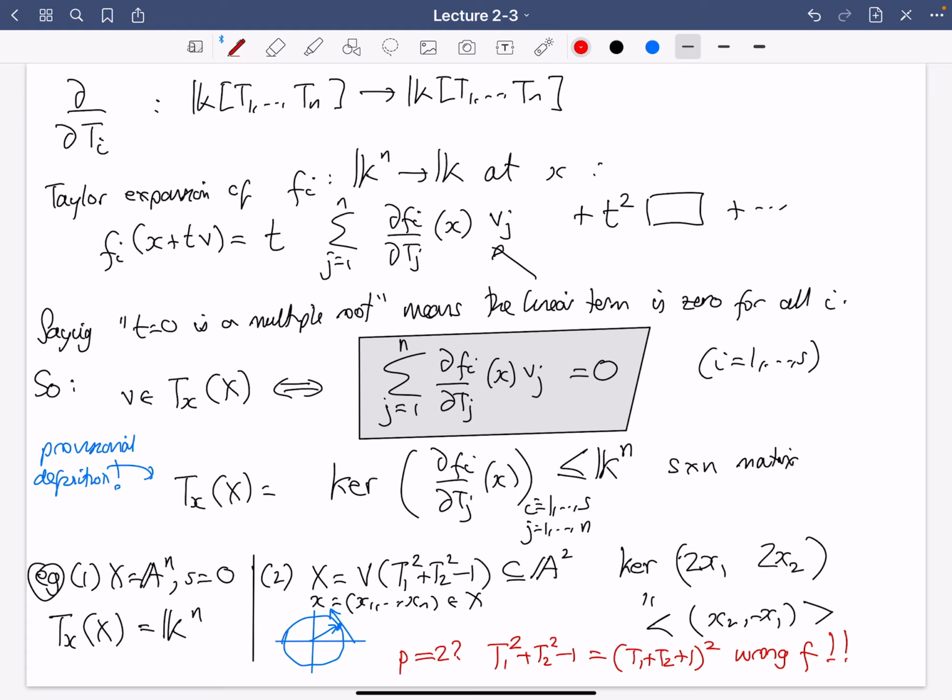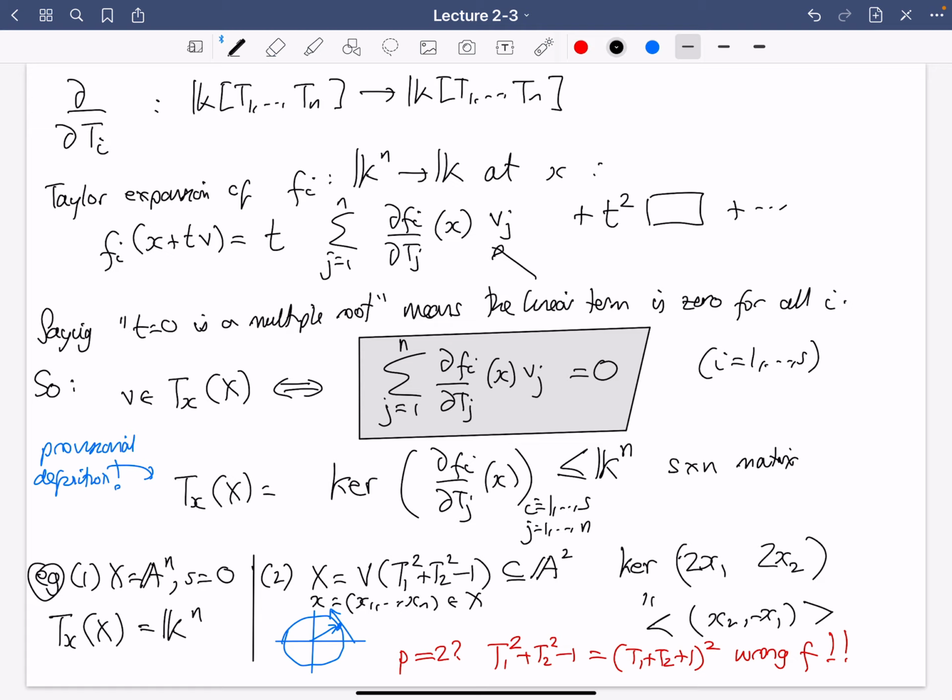You have to square root it. So if I did it again in characteristic 2, I would use this f, and then I would find that the tangent space is one-dimensional, and it would have worked out. But we're never really going to worry about positive characteristic pretty soon. But it shows that my definition is robust enough. Okay, so that's our provisional definition of tangent space.